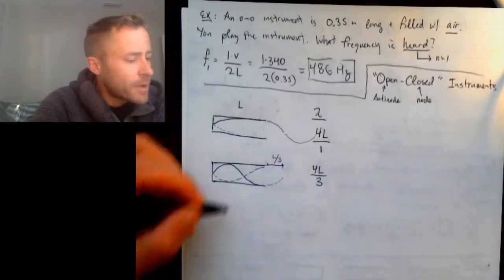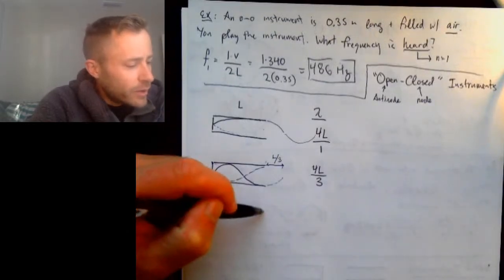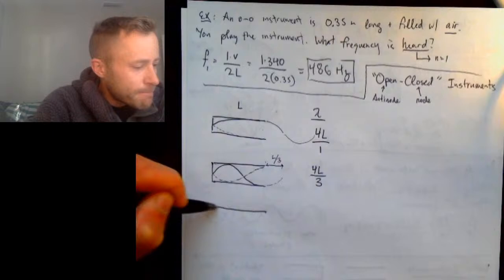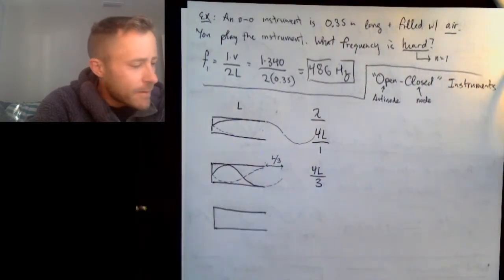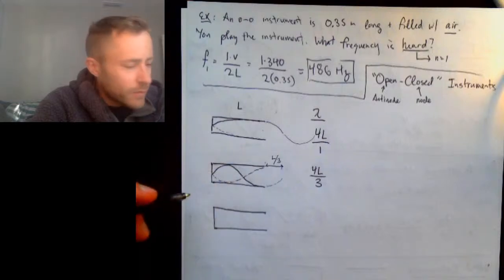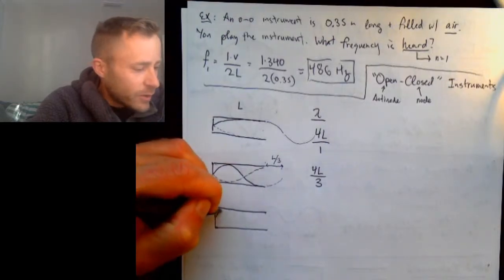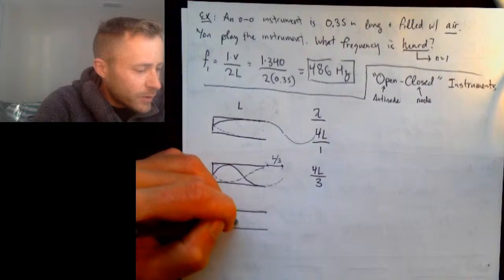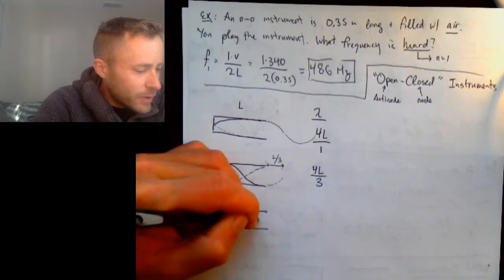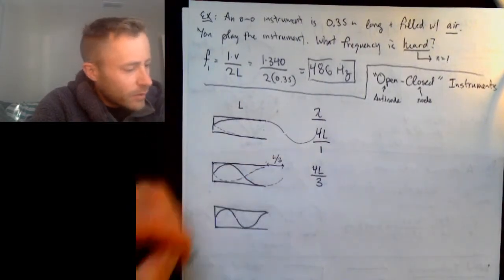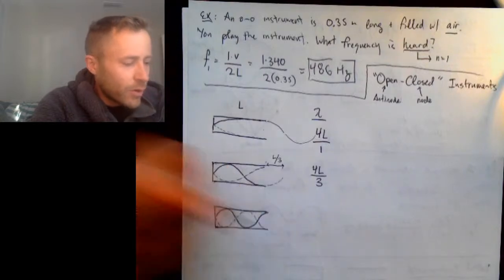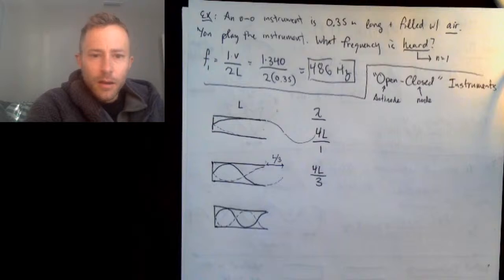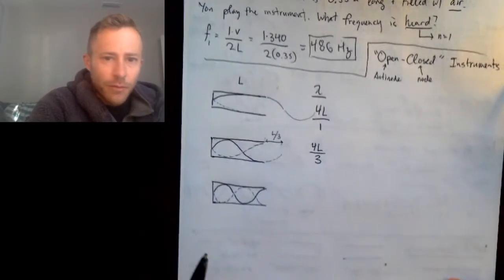To go to the next harmonic, we add a football to the left side. So we have 1 football, 2 football, there. To go to the next harmonic, you always add a football.